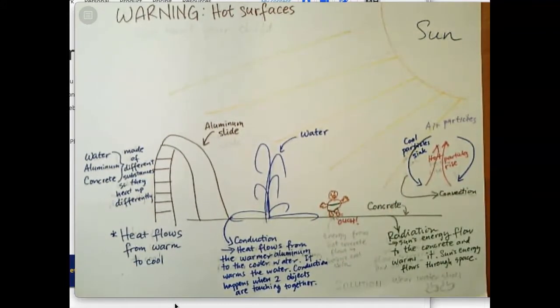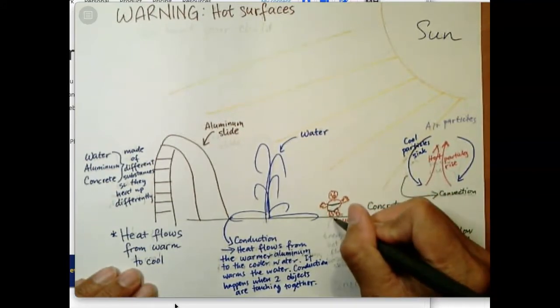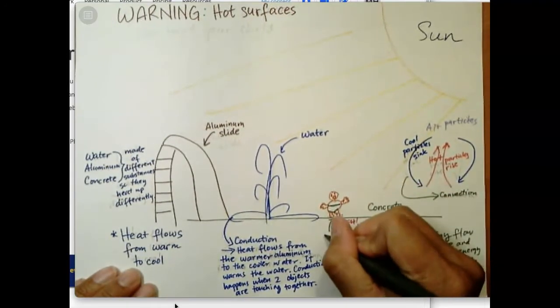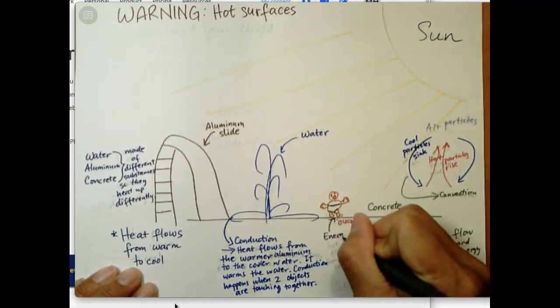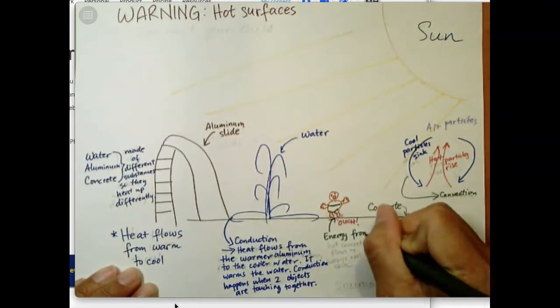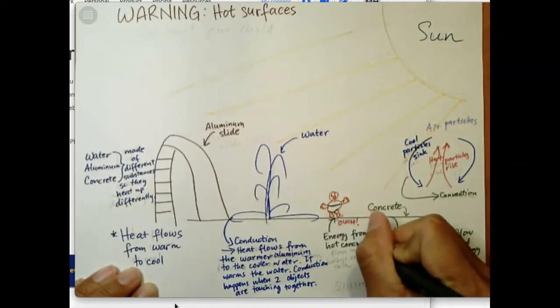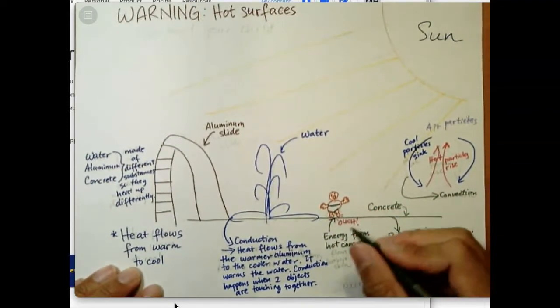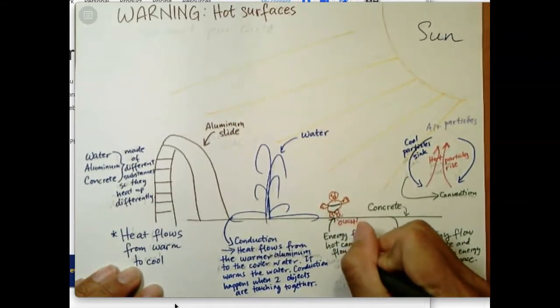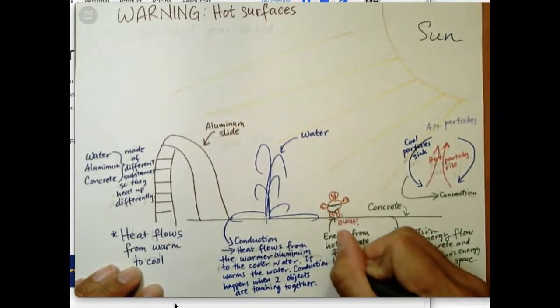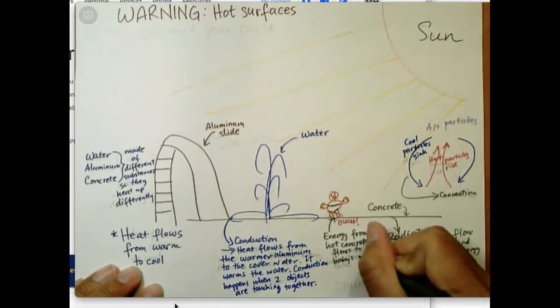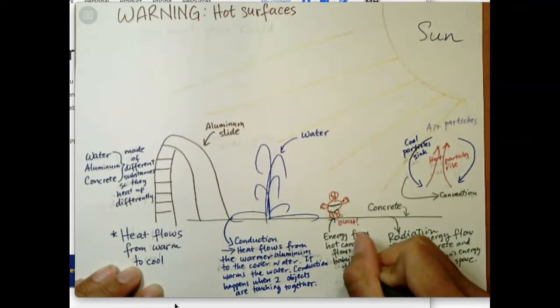And why are her feet hurting? The science behind that is because the energy from hot concrete, which is being warmed by the sun, flows to the baby's cool skin.